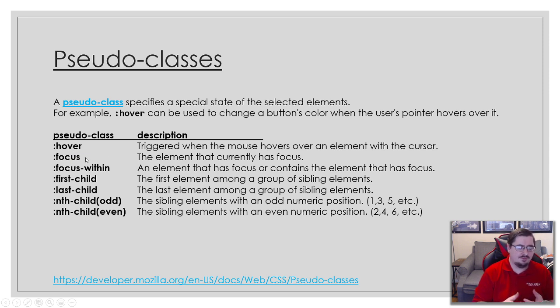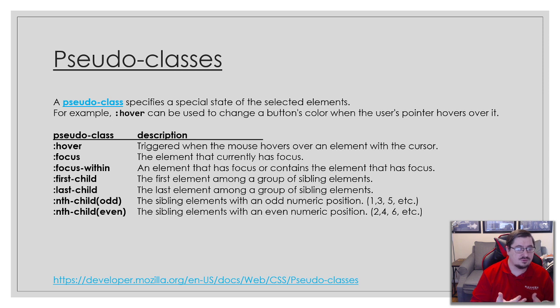Focus, if that element currently has focus. Focus within, which is a newer one, says either that element has focus or some descendant of it has focus. Both of these things can be very helpful, especially if you're trying to build menus, drop-down menus, or tiered drop-down menus to be more specific.